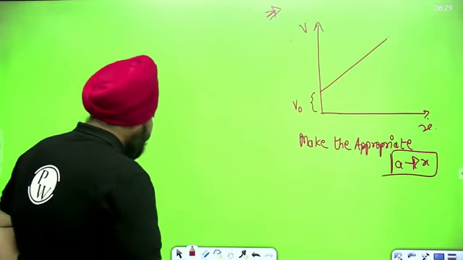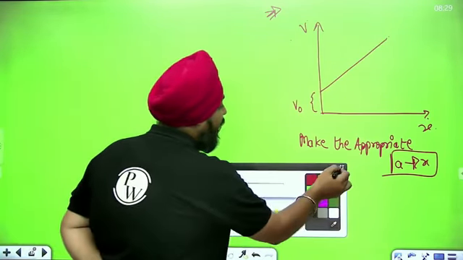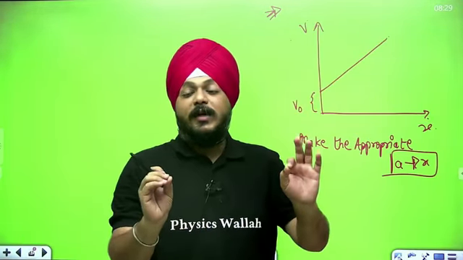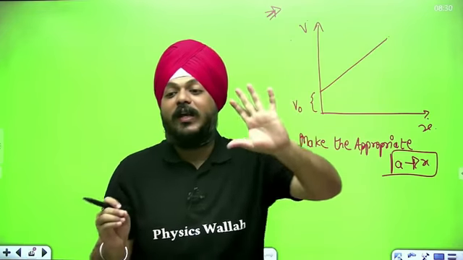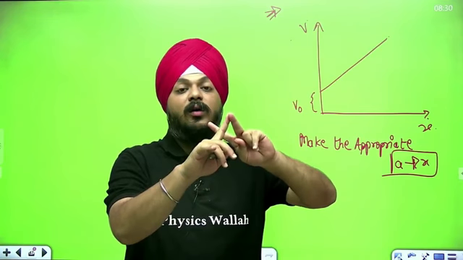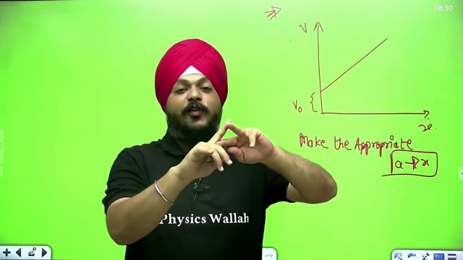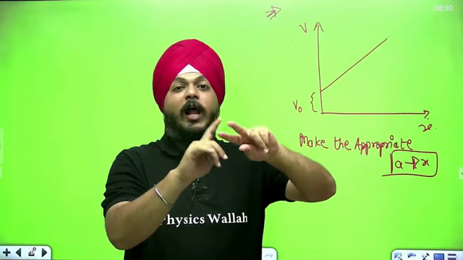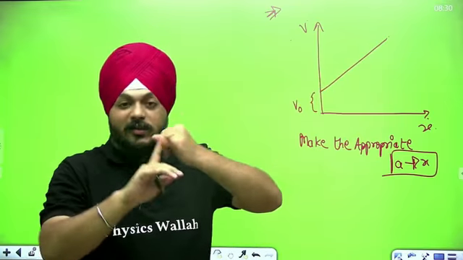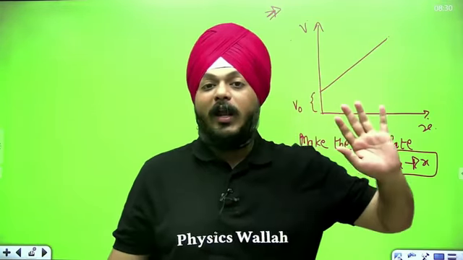See, immediately we can say this is a graph with a straight line. So step one is identify the nature of the graph, whether it is a straight line or a curve, right? What kind of curve? Is it a parabola, hyperbola, ellipse, or circle? All of this you are aware of.